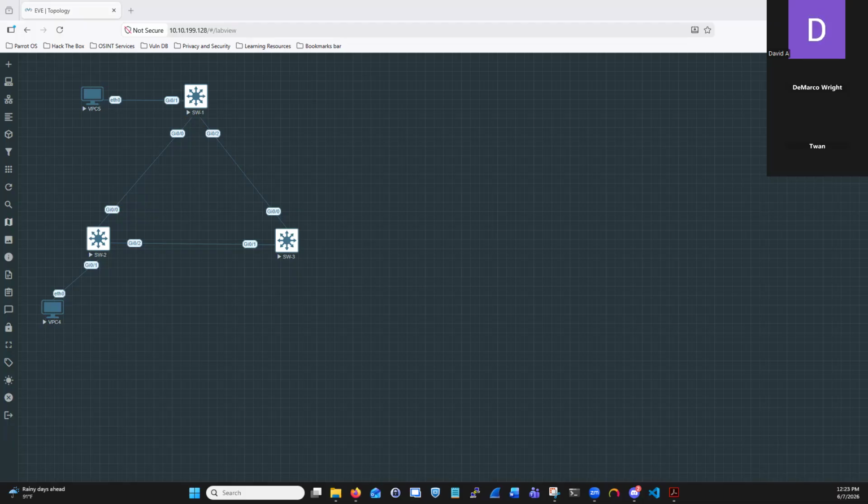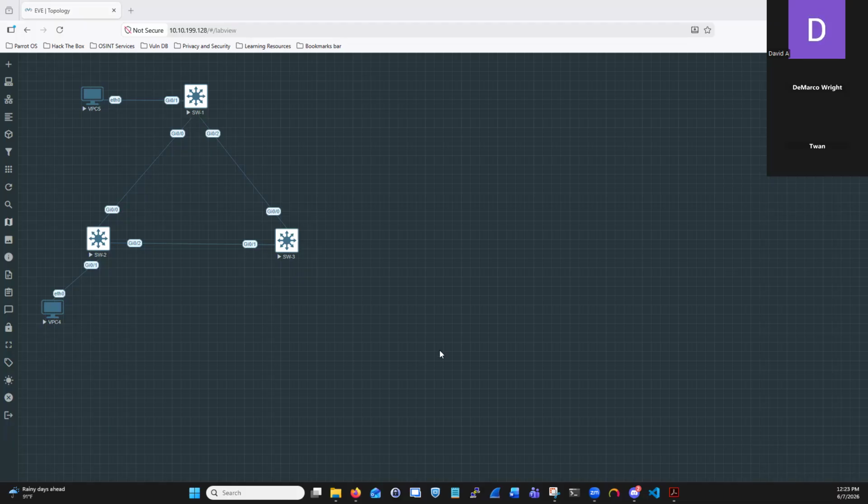Interfaces in a blocking state, however, do not process any frames except for messages related to spanning tree. That's it, right? So BPDUs or what have you, anything related to spanning tree, nothing else. It does not forward user frames, so frames coming from users' PCs or what have you.